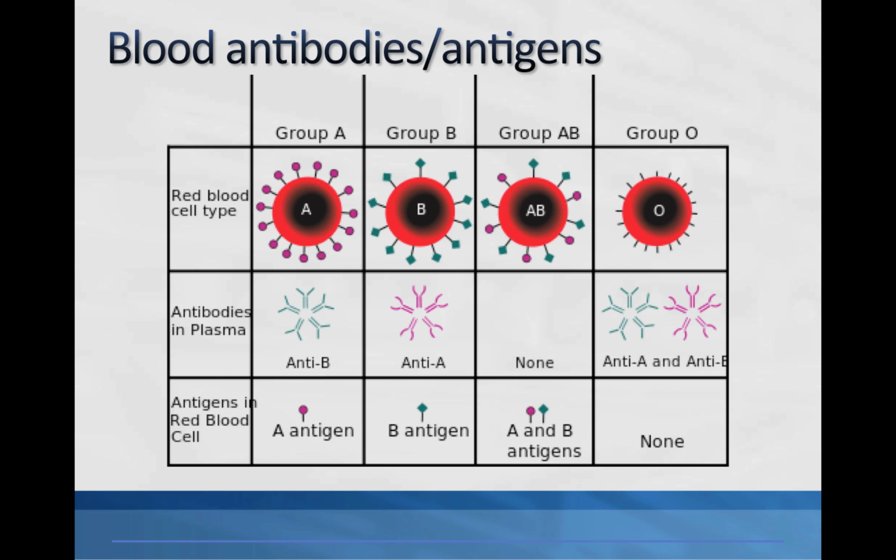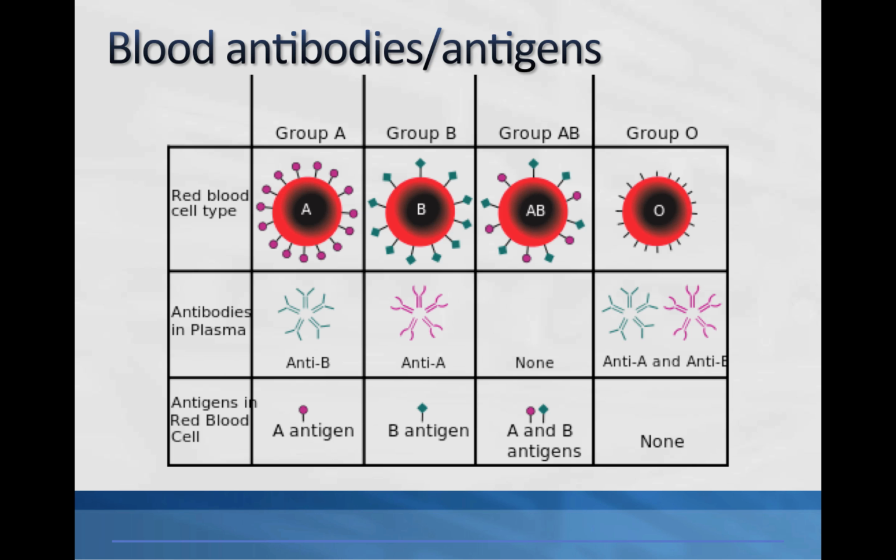The bottom picture is showing you the antigens, which I already mentioned. They're on the outside surface of the red blood cell. They're also called glycolipids, as you'll see in another slide. It's a protein and a fat and a sugar that make up the antigen. You don't need to worry about what makes it up, just knowing that it's in your blood and protecting you and part of your immune system response.